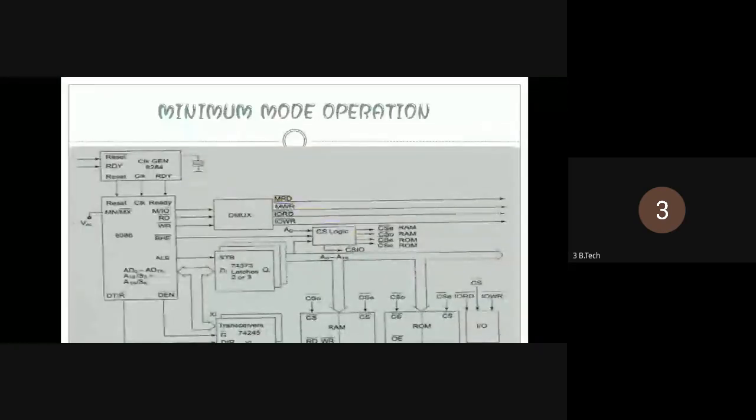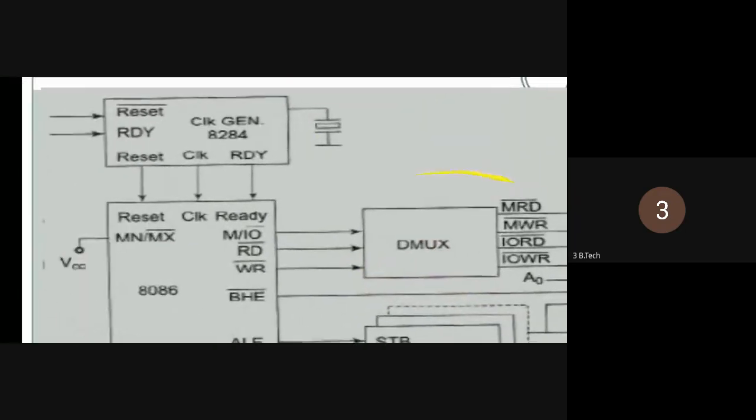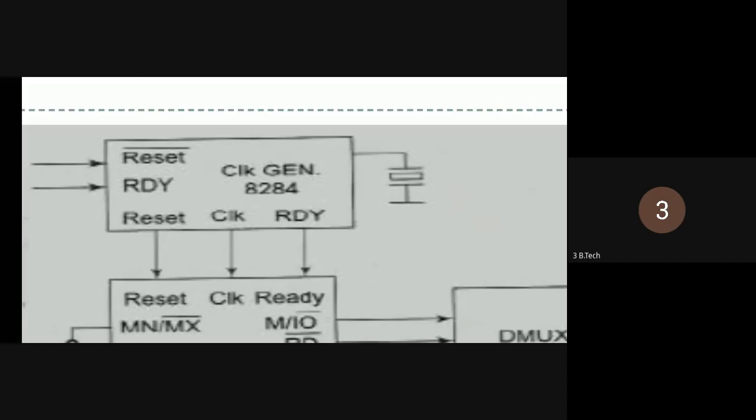Okay, so this is your clock generator. Using this clock generator, we provide the signals to the microprocessor and make it active. The reset signal, clock signal, and ready signal are provided to the microprocessor through this clock generator.